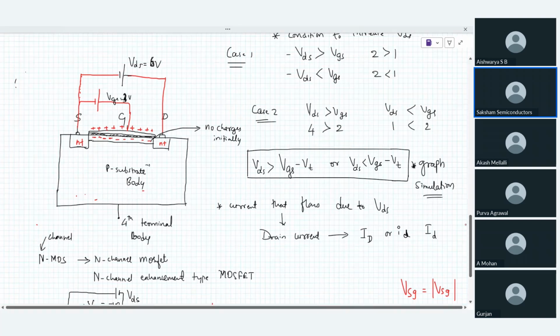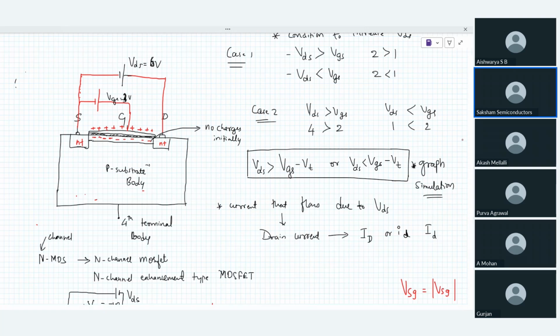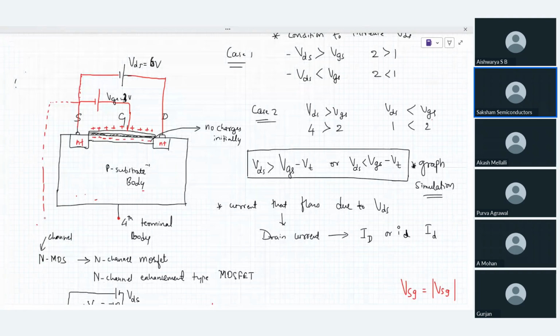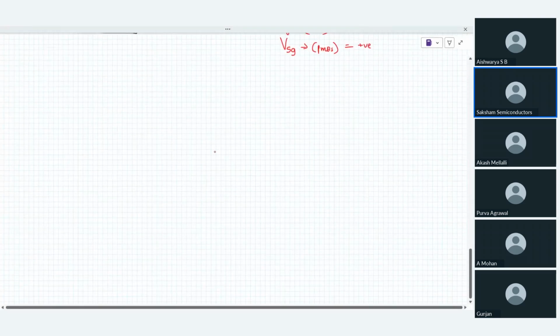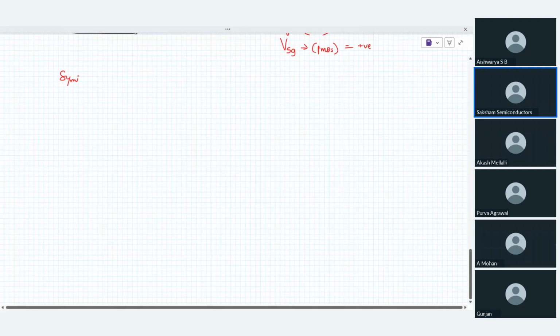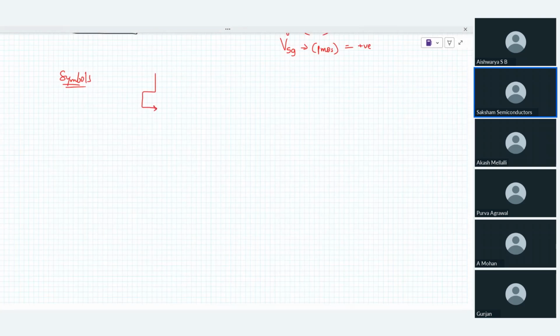Fine. Now I was talking about this particular fourth terminal, the body. Where should I connect it? Usually your body is connected to the source of your MOSFET. And typically, if I talk about the symbols, there are multiple symbols.